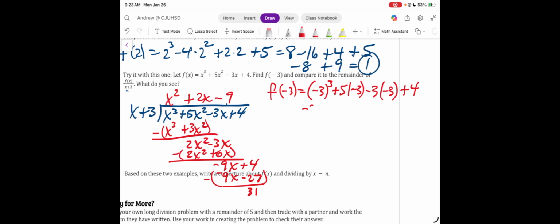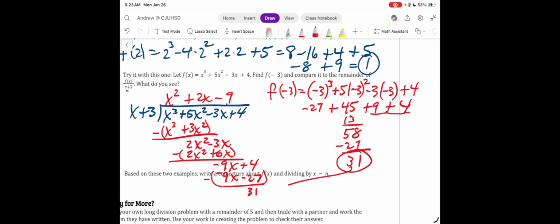Negative 3 cubed is negative 27, plus 5 times 9, that would be 45, plus 9 plus 4. So my total positives are 45 and 13. So I have 58. Let's take away 27, and sure enough, you get 31.